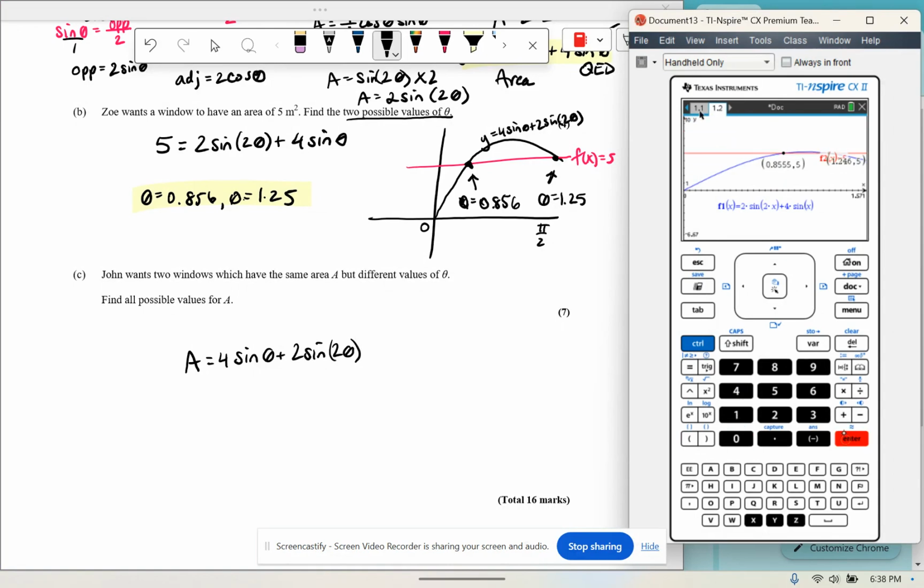Okay, so let's make this a little easier to see what's going on. I want it to be spread out more. Okay, there we go. So I need to have two separate windows, but they need to have the same area A. Okay, so think about it like this.